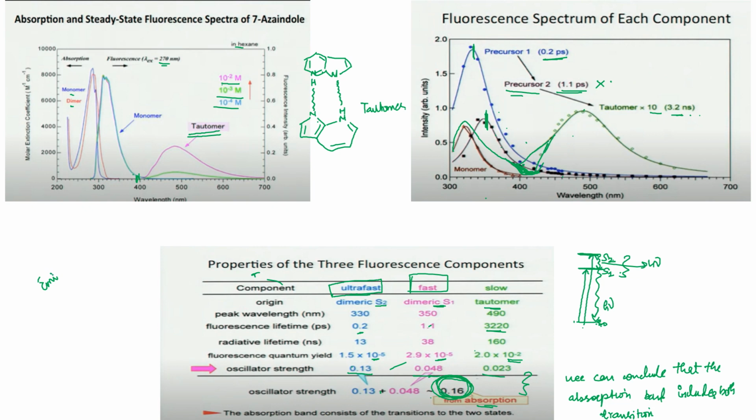One more point to note is, according to Kasha's rule, we had known that the emission occurs from the lowest excited singlet state. So this was Kasha's rule.